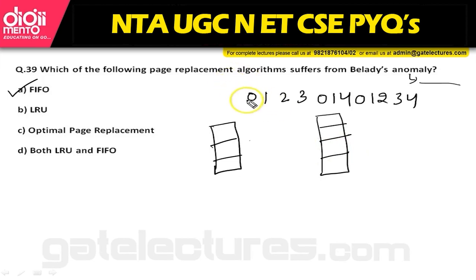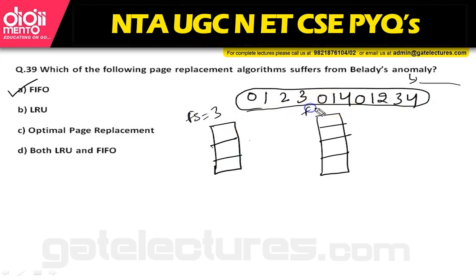I will tell you with the example how this happens. Let's see when I have 3 frames and when I have 4 frames, how many page faults occur. For 0 1 2, 3 page faults already occurred. For 3, again one more page fault.